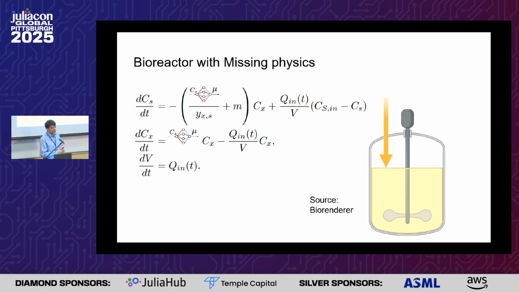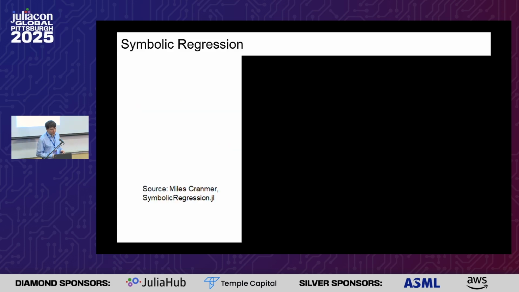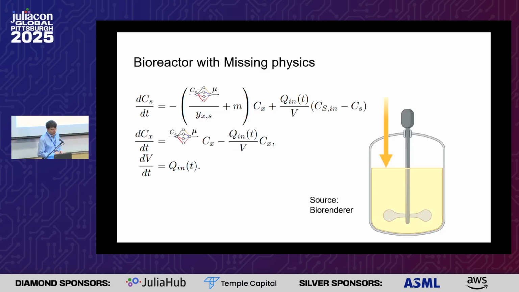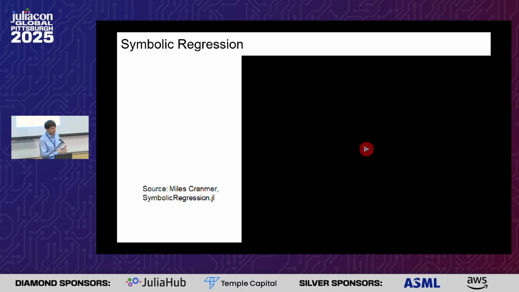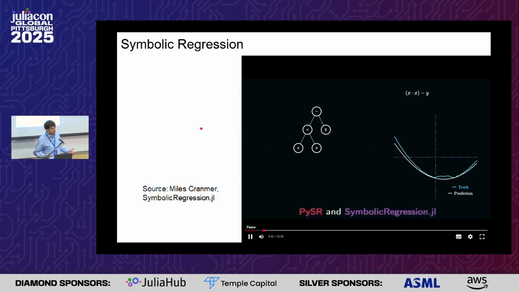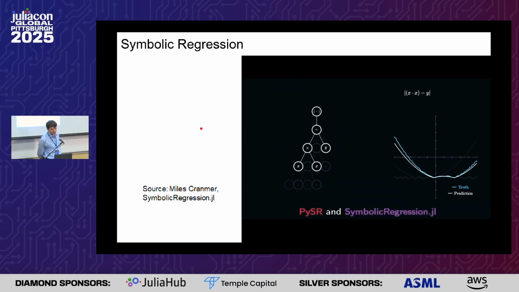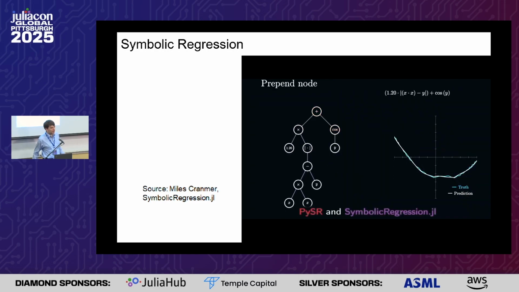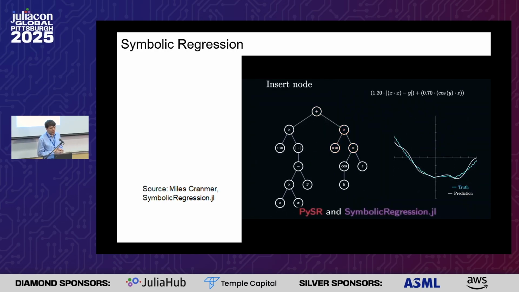So we want to design a series of experiments such that we can get these terms, and then after that, as we've seen with neural networks, we can interpret their results with symbolic regression. And we're going to use again the SymbolicRegression.jl package, which will help us understand the output of a neural network in terms of a symbolic expression.